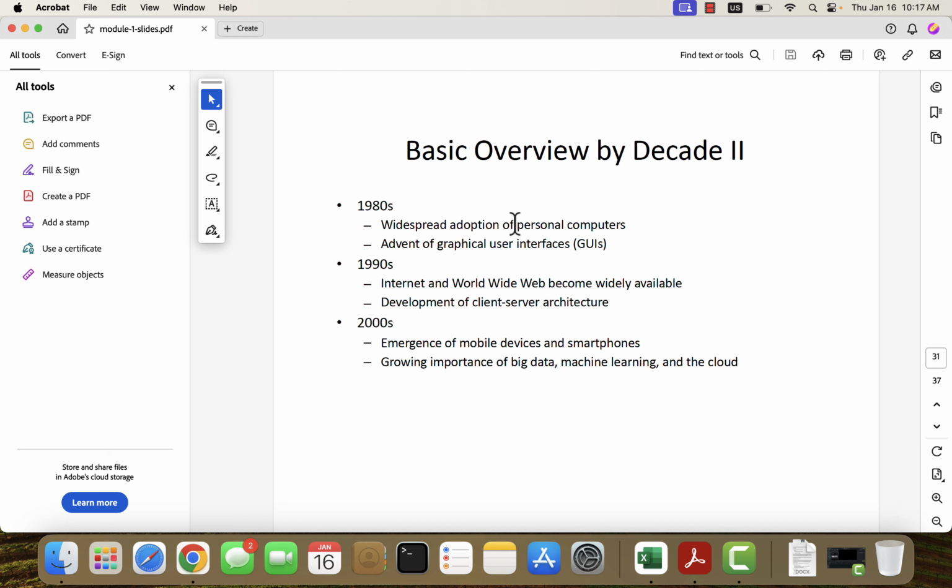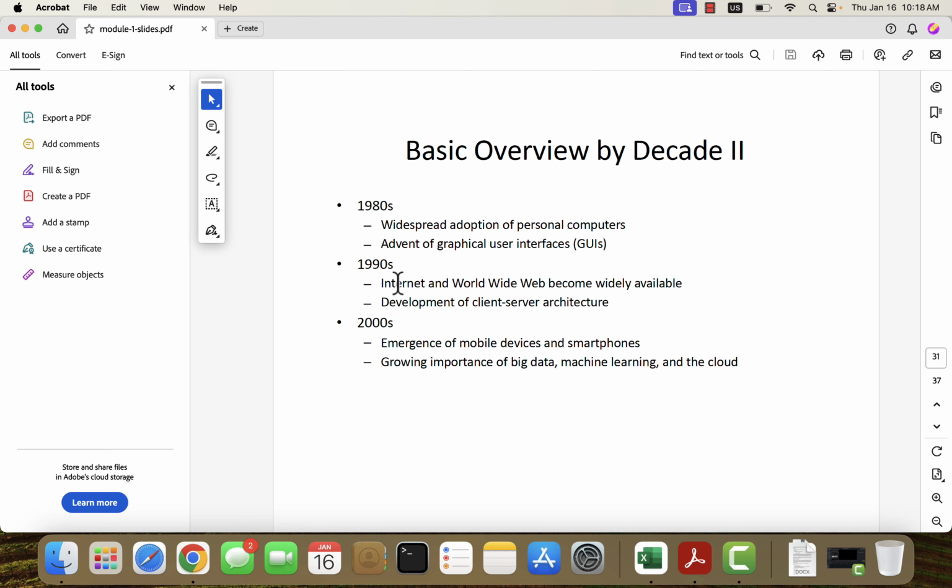Now we have a graphical user interface that allows anybody, not only computer engineers, but basically anybody, to use a computer, because you have a graphical user interface like this one that you see right now, and the use of a cursor controlled by the mouse hardware, right?